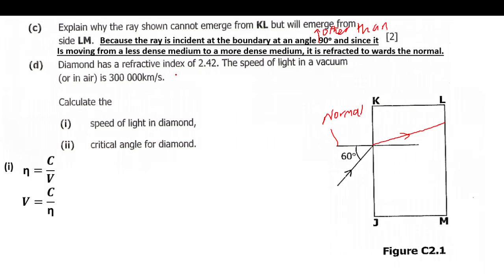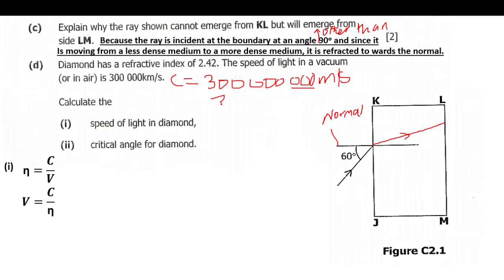speed, this speed of light in vacuum is supposed to be 3 with 1, 2, 3, 4, 5, 6, 7, 8, then meters per second, which these guys have decided to twist it just to confuse you. So this is 1000.